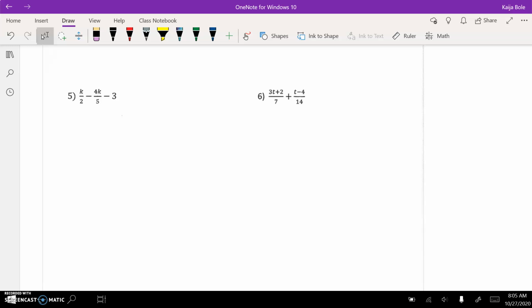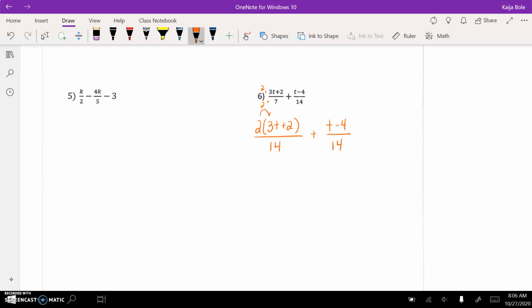I would make a common denominator first, just so that's taken care of. So I'm going to have to work with the first one to get to 14, times 2 and times 2. So what that means is I'm doing 2 times the quantity of 3t plus 2. And then this would be 14. And then the other one would just stay the same, t minus 4 over 14.